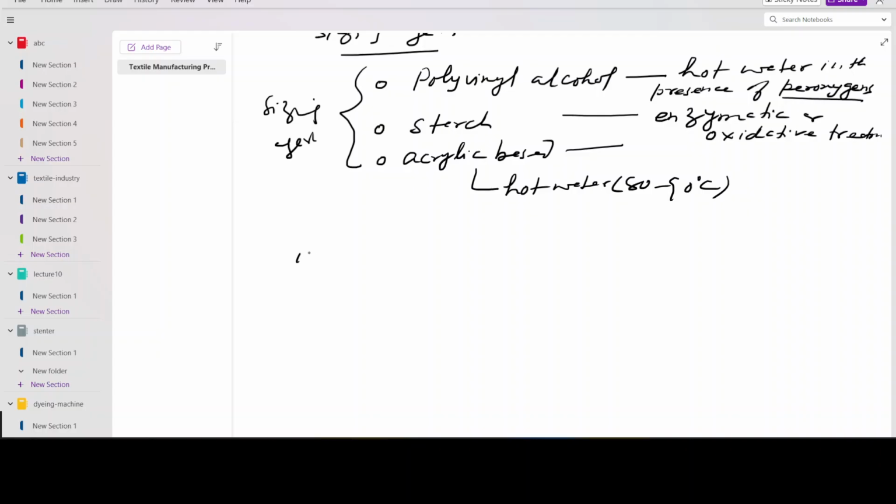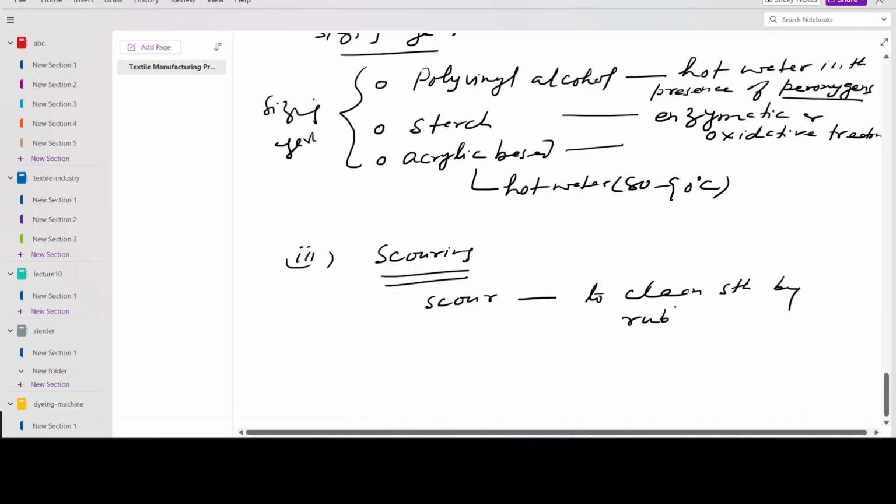Now the other process is scouring. The word scour means to clean something by rubbing it very hard.